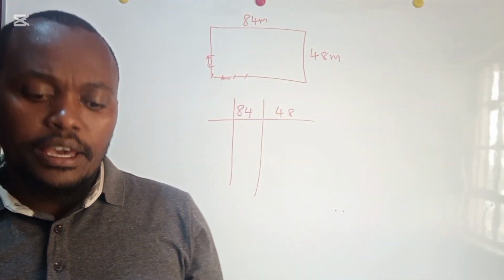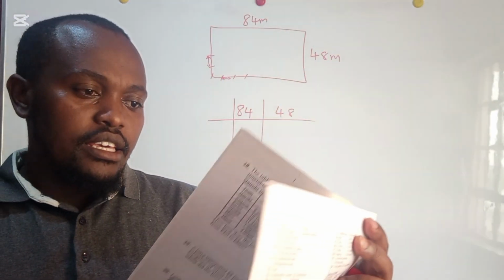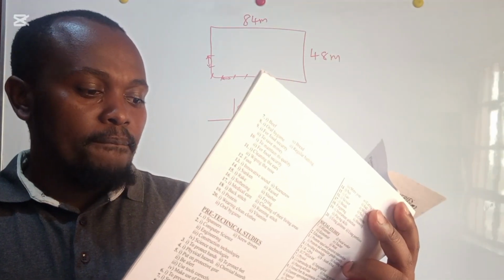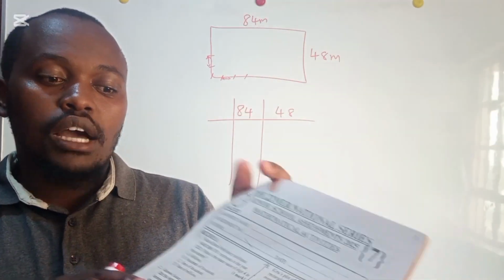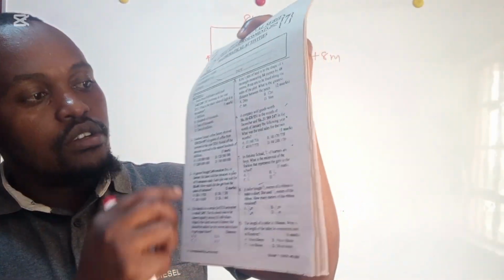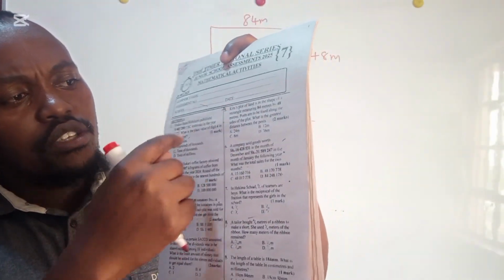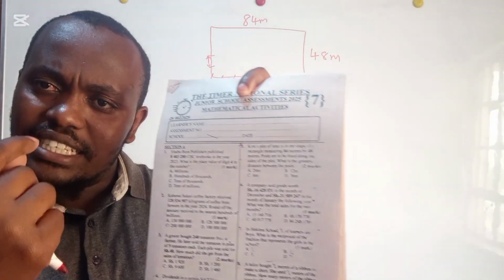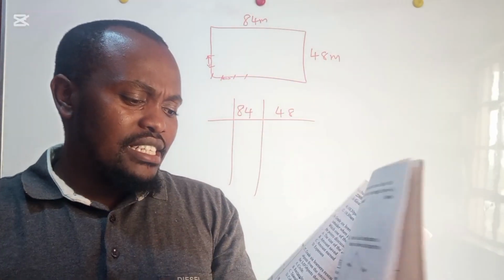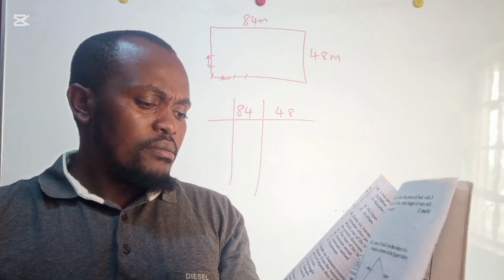If you look at the previous years, I'm telling you, some students in high school will look at your paper and they'll be surprised, because there is no simple question like figures. You are told a story so that you can read and interpret. And it is not difficult. It is very simple.